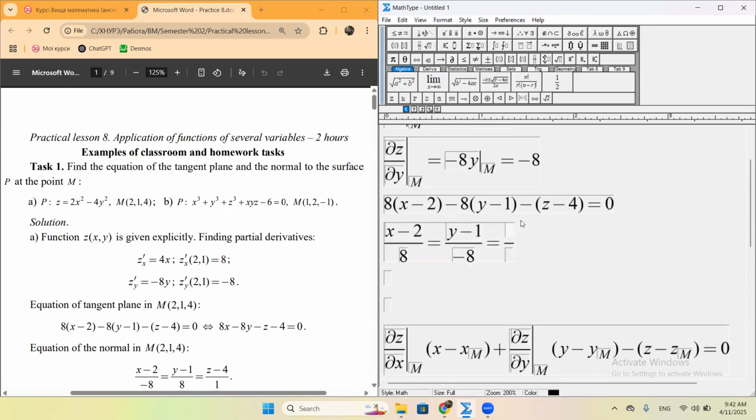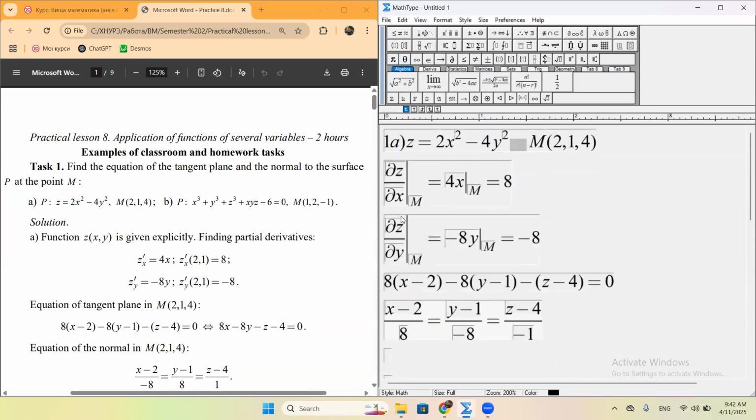For the normal equation, they are the coordinates of the direction vector. So it's done for the first task.